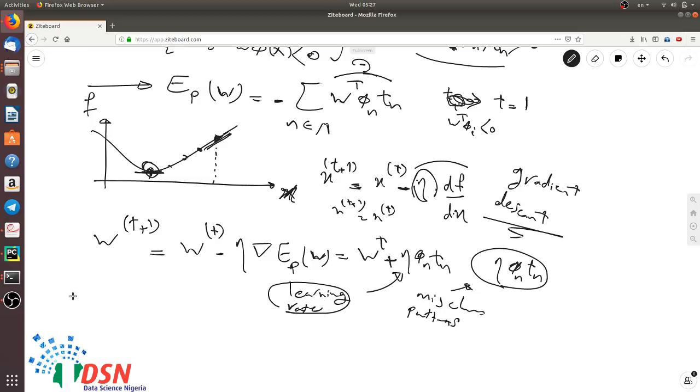The great thing about the Perceptron algorithm is that we have a theorem for it, the Perceptron convergence theorem.